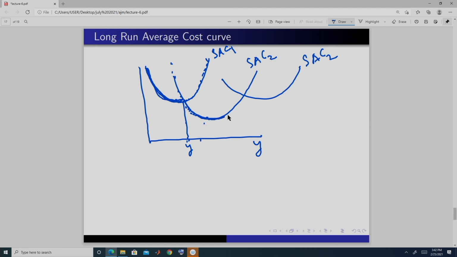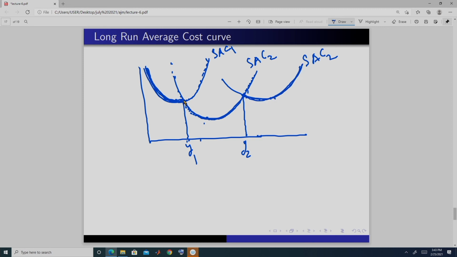So we will continue in plant 2. But now suppose we want to produce further, and if we continue with this plant, our average cost is here, right. But if we shift to plant 3, our cost is going to be like this. So we can go on.